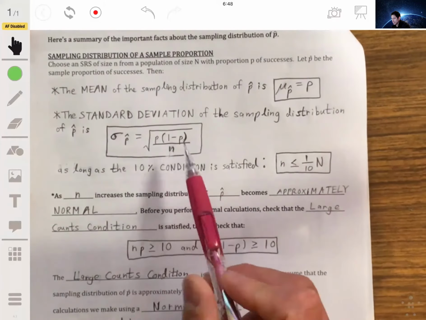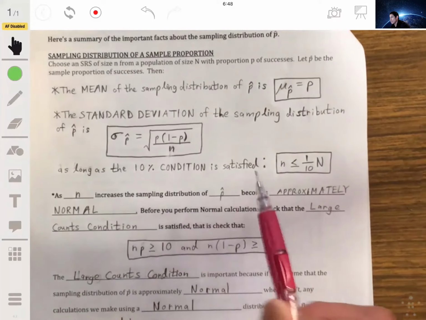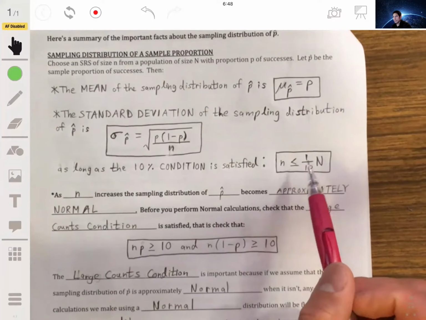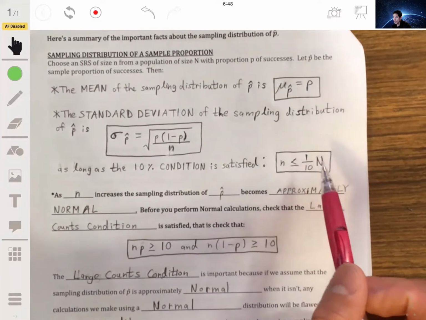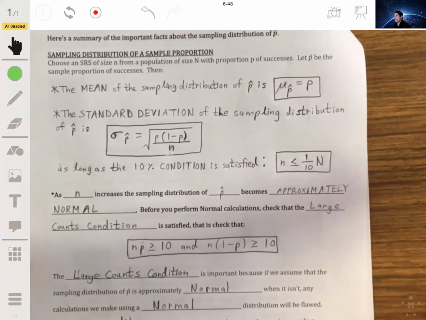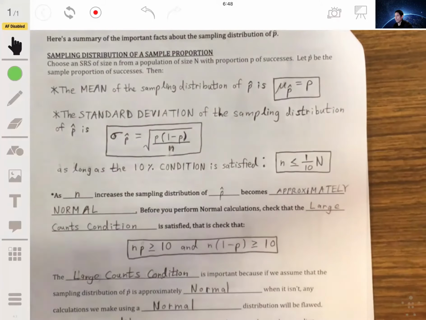This is only going to be valid as long as the 10% condition is satisfied, meaning that the sample can be no larger than 10% the size of the population. Now, we could explore the mathematics of why this is. It's not necessary for you to understand that or even explore that if you're in AP statistics.